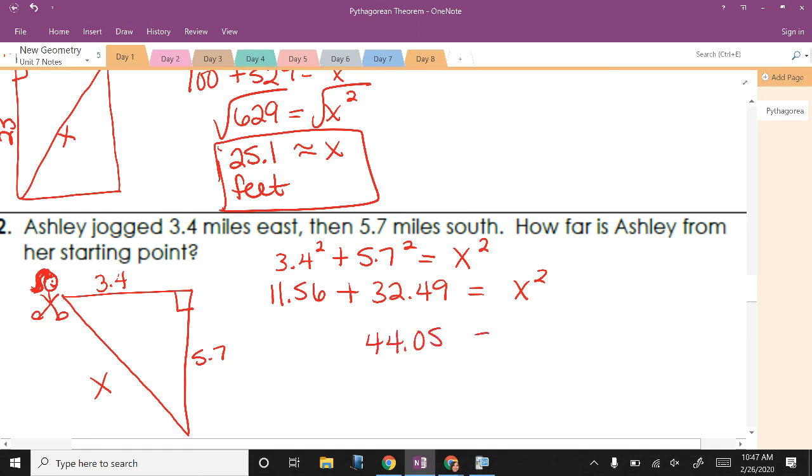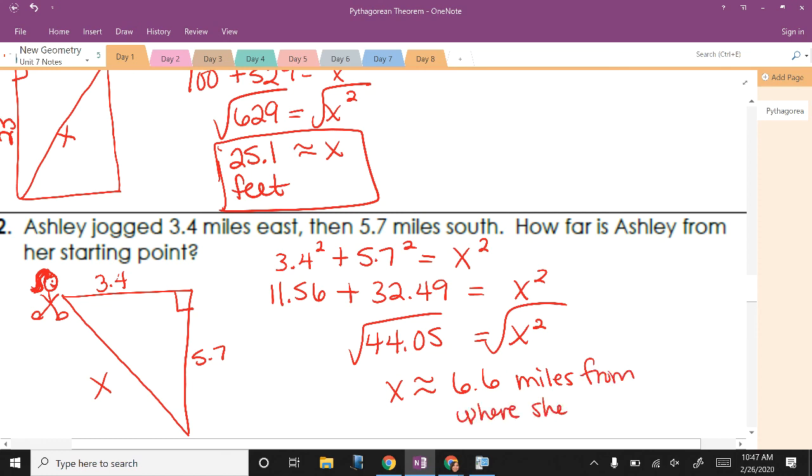Did y'all get that? And then square root. How far is she? About 6.6 miles from where she started. That's if she runs through the woods, right?